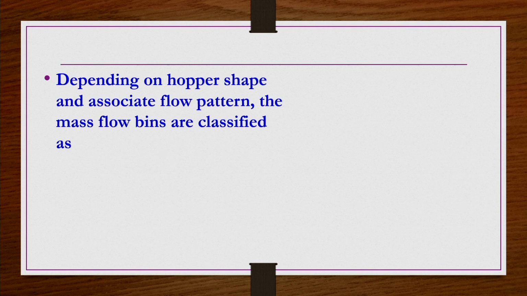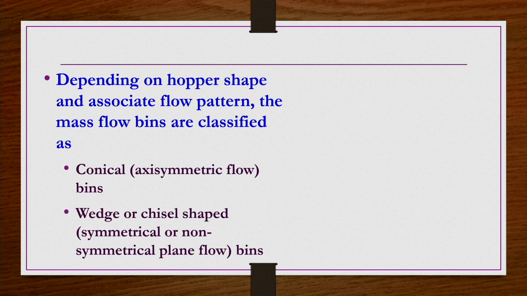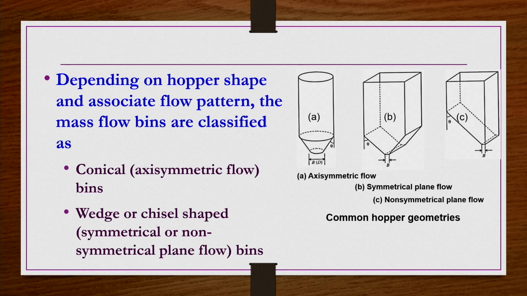So, depending on the hopper shape and the associated flow pattern, the mass flow bins are classified as conical bins and wedge or chisel shaped bins. These conical bins are also known as axisymmetric flow or axisymmetric hoppers, which we have already seen here.